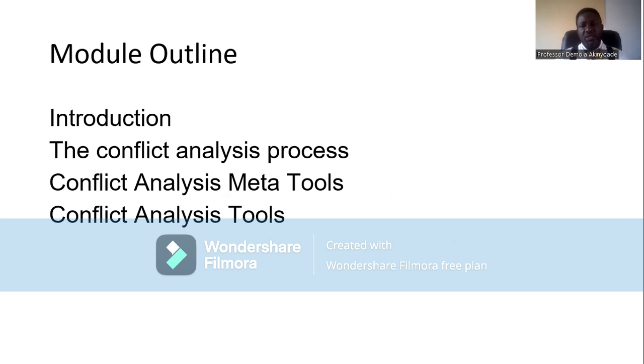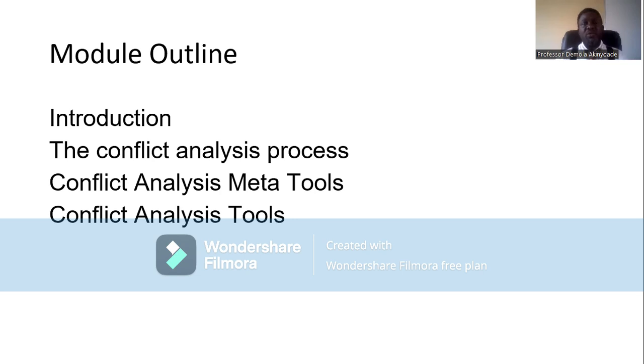Our module is going to be divided into three: introduction, the process of analyzing conflicts, and then I'll go ahead to present what I call meta tools of conflict analysis, and then I'll present specific conflict analysis tools.